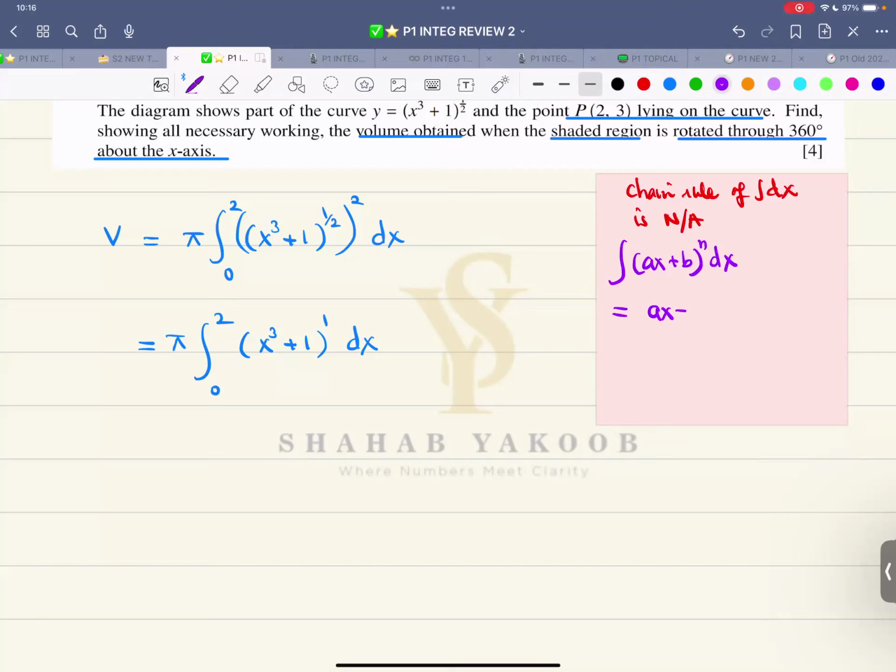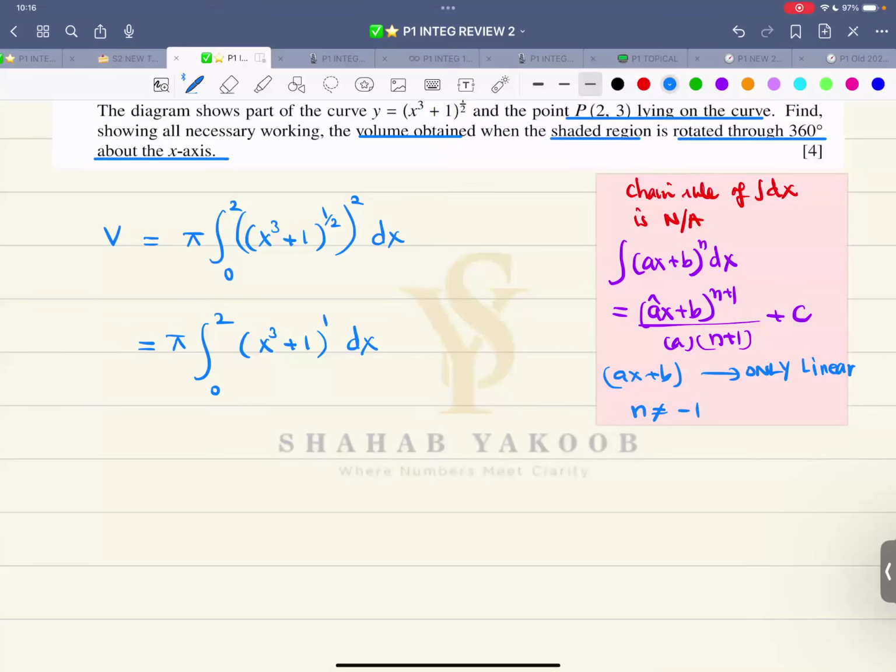Let me first write it down. Ax plus b, n plus 1, divide by the new power, divide by the coefficient of x plus a constant term. The limitations are ax plus b, only linear. That is the thing. The second thing, that's not an issue over here, but it can be later. And of course, that won't be asked in P1.